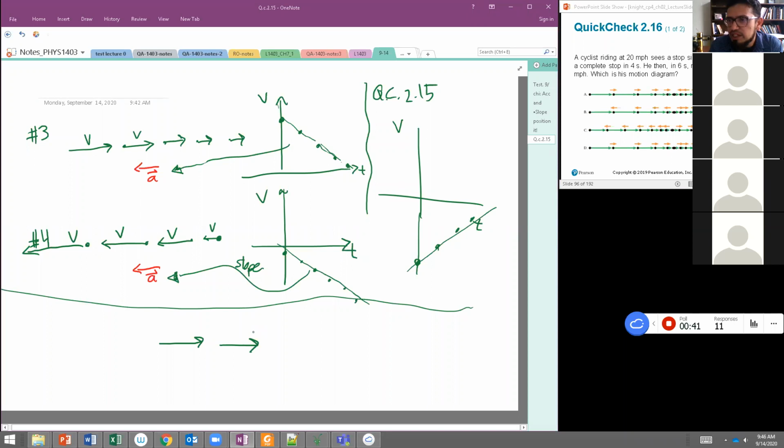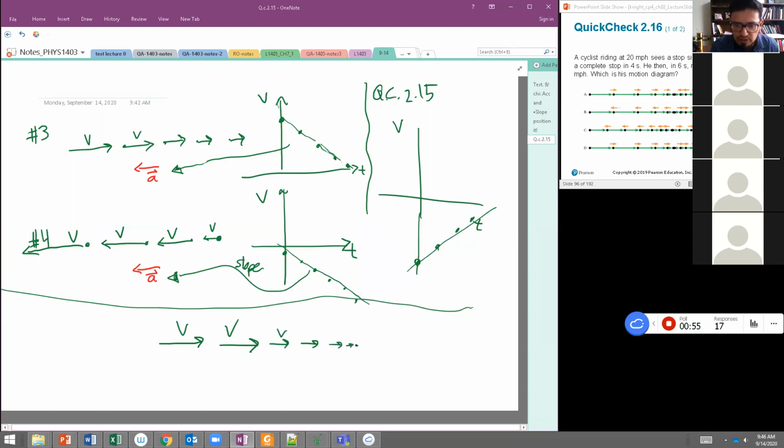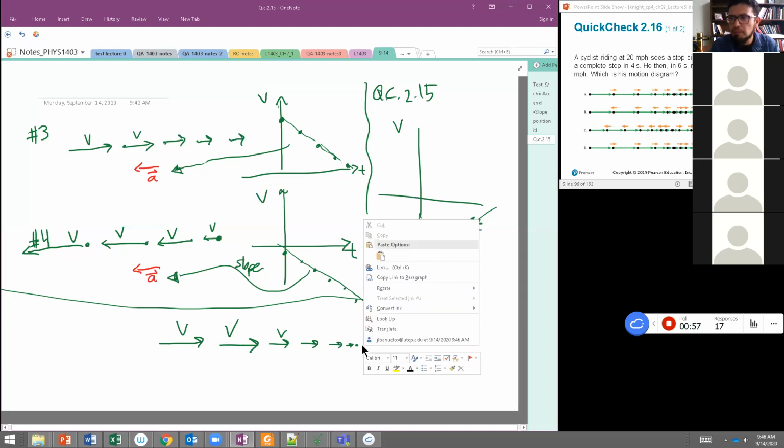You see a stop sign, and as you see the stop sign, you're going to have to slow down. So these are all velocities. And it says it comes to a complete stop. So at some point, these dots just have no velocity vector related to them.